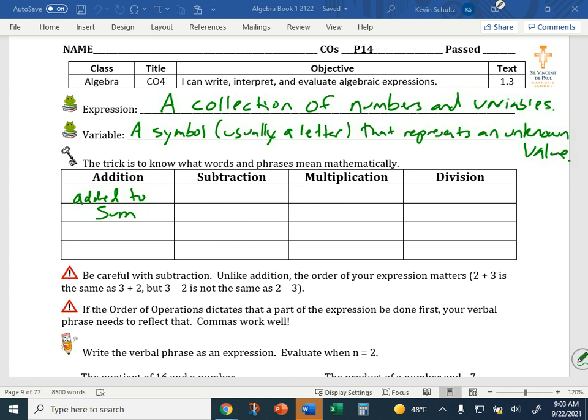Let's open it up to the other 3 operations also. What are some things that you know mean subtraction, multiplication, or division? Liesel. Minus for subtraction. Okay. And I'm going to be kind of picky with subtraction because there are a couple that I want to point out specifically.